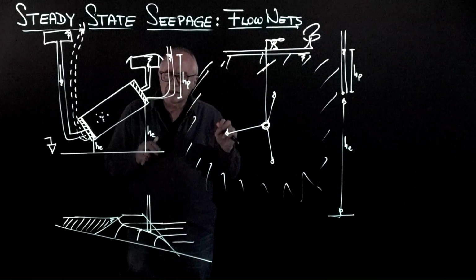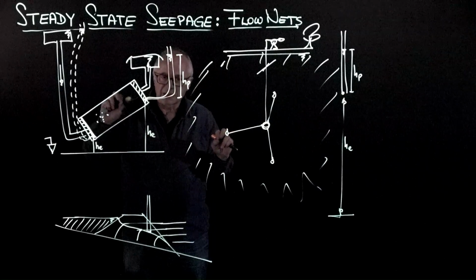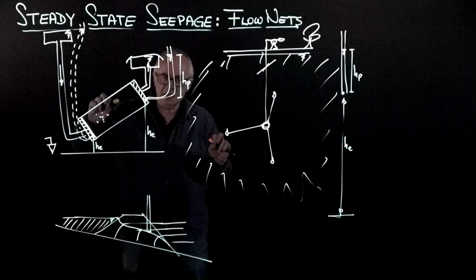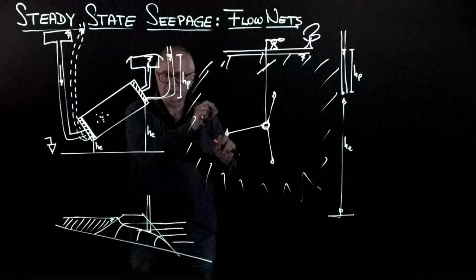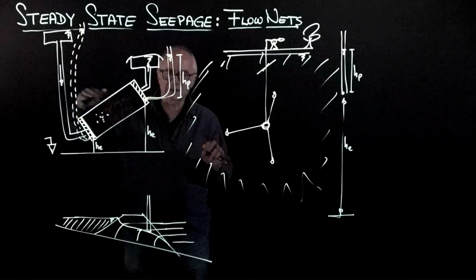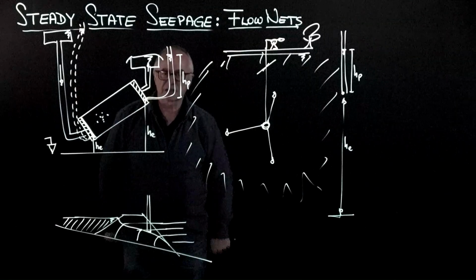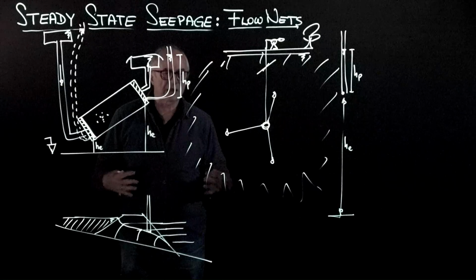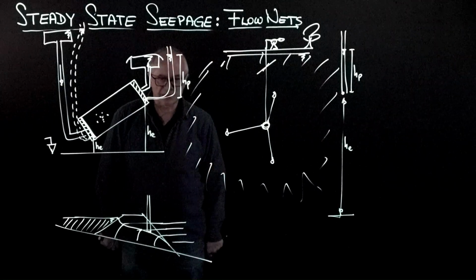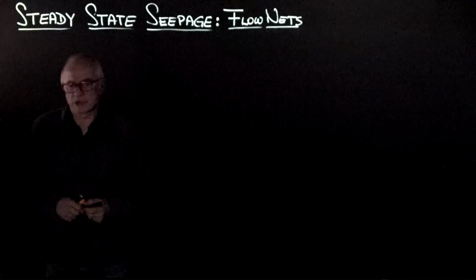And if you are ever confused, put a drop of ink at some point in the system and see where it goes, because it will trace a flow line. And that flow line starts at the first equipotential and continues until it reaches the last equipotential. That will help you identify the boundary conditions right away. Now we are ready to proceed.